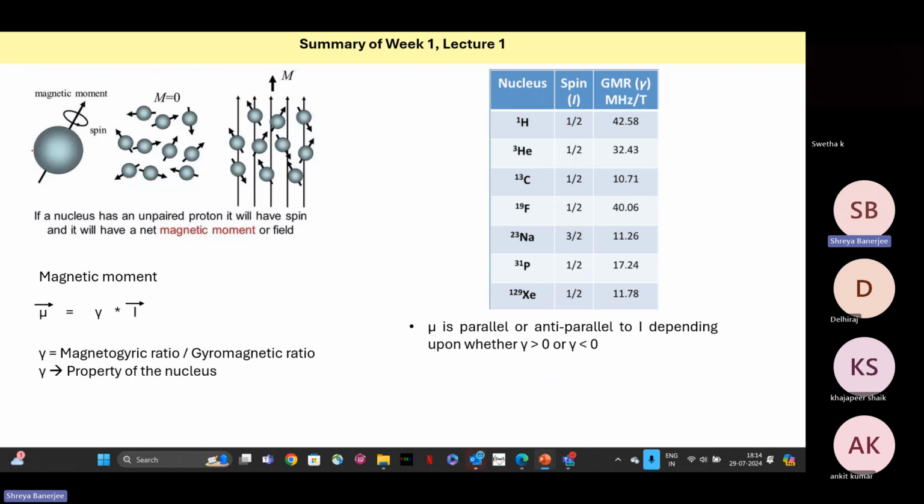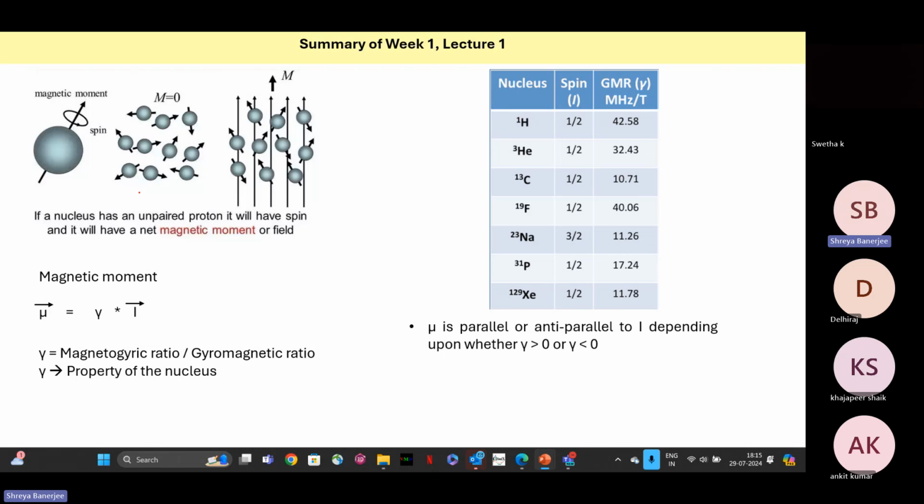So each nucleus behaves as a tiny magnet, and so all these magnets will have a magnetic moment. So imagine a crystal or a compound where there are many atoms, and each atom has a nucleus, and each nucleus has a different magnetic moment.